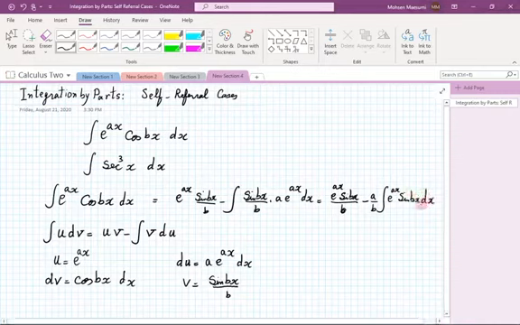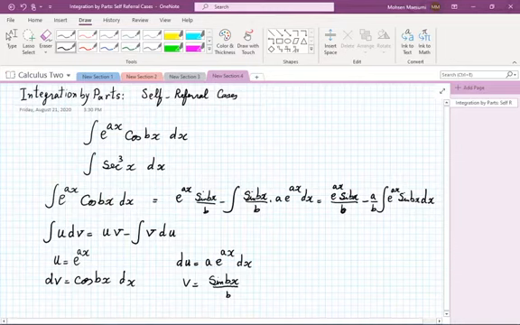We see an interesting play here. We wanted exponential of ax cosine of bx, and we end up with exponential of ax sine of bx. It looks like we changed sides and haven't gained anything. The interesting thing is that if we do this all over again with respect to this problem, exponential of ax sine of bx, we are going to come back to cosine of bx.